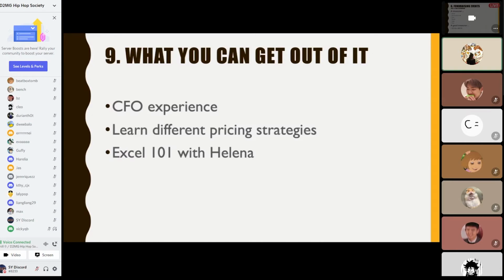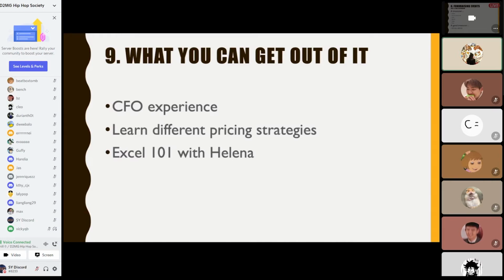Also, you learn about different pricing strategies. You have the opportunity to apply data analysis and information gathering skills in creating different pricing strategies, creating different bundles, different deals, depending on the market demand. So yeah, you have a chance to create your own demand supply curve.